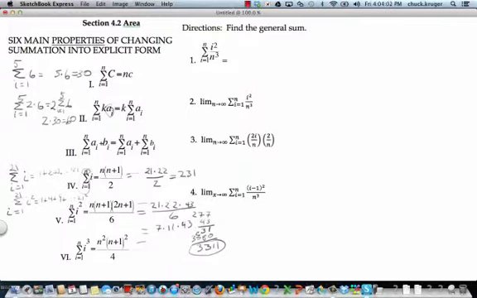And the next one are cubes, and I'll do something a lot easier. Summation of i equals 1 to 5 of i cubed.